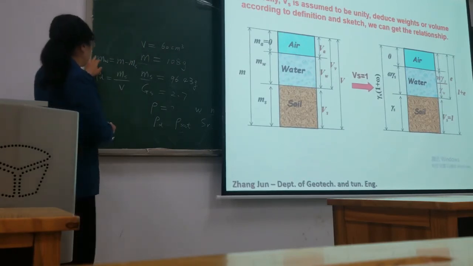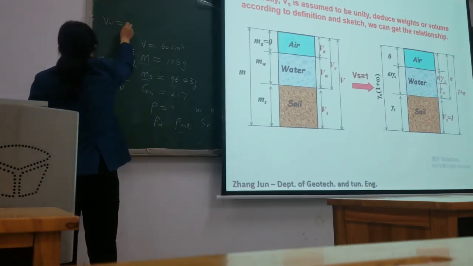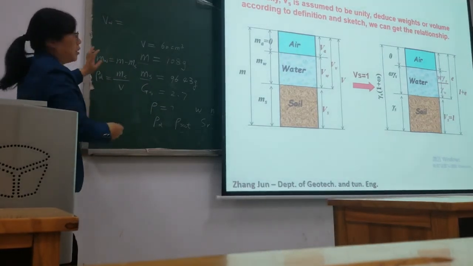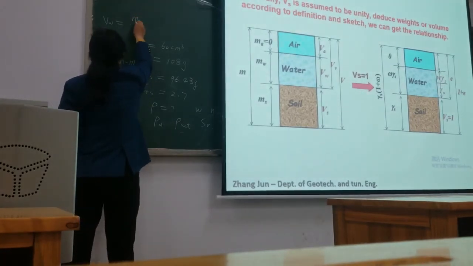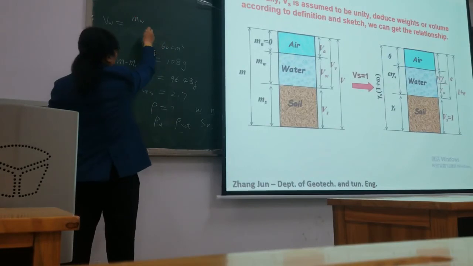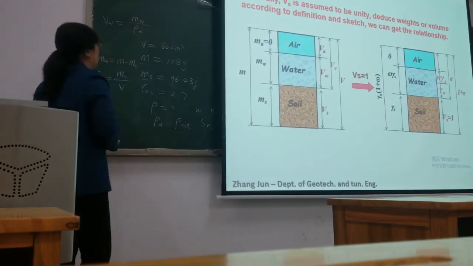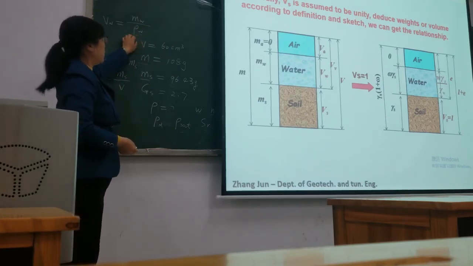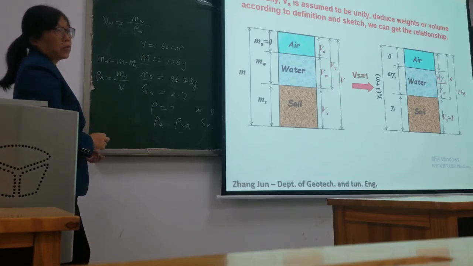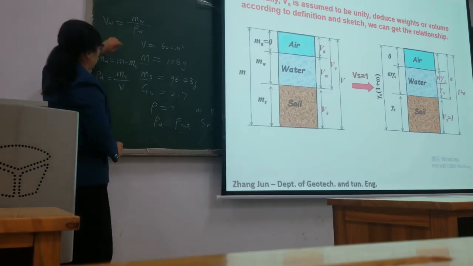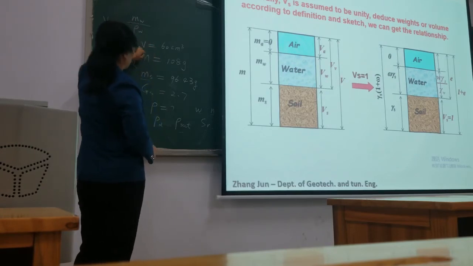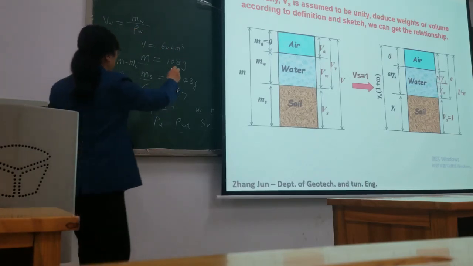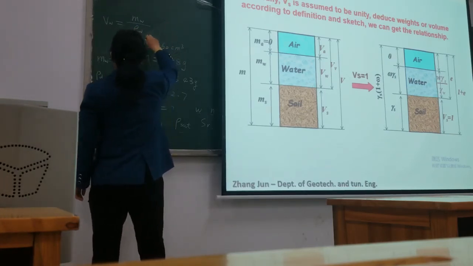Okay. Here the volume of water, use the mass of water divided by density of water. Okay, the density of water is known. And the total volume is given.